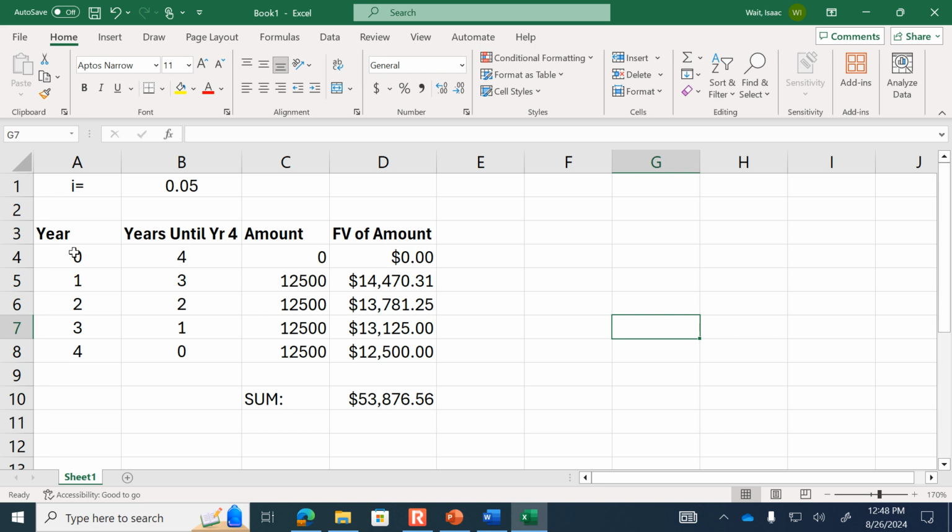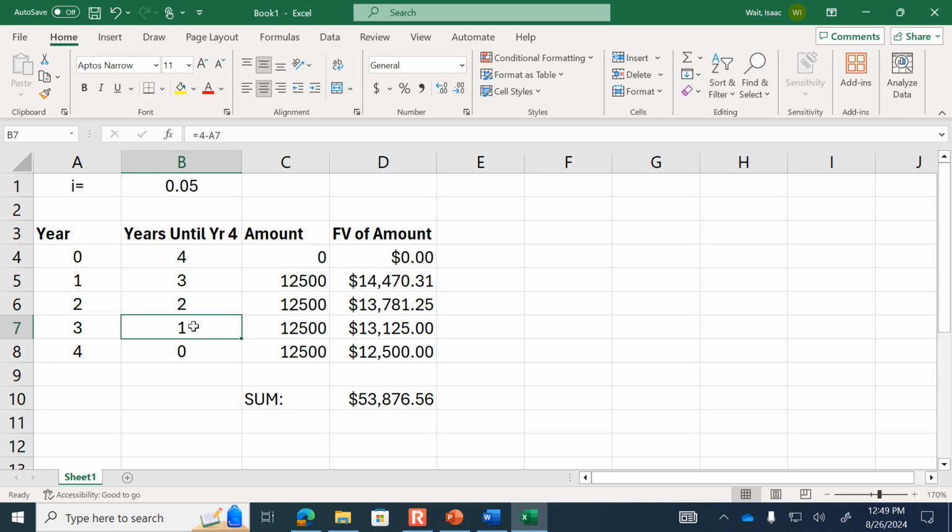So here what I did was I created a cash flow table. This is just representing the 12,500 inflow each year. And you see it's in a given year, but then I've also come up with an alternate time axis where I've just said how many years is it until year 4, because this is going to be the number of compounding periods until it gets to the future that we're interested in.